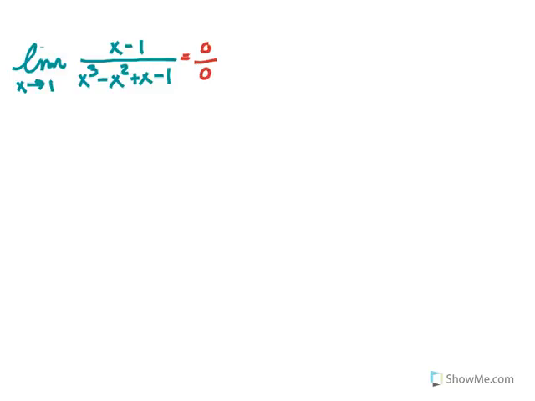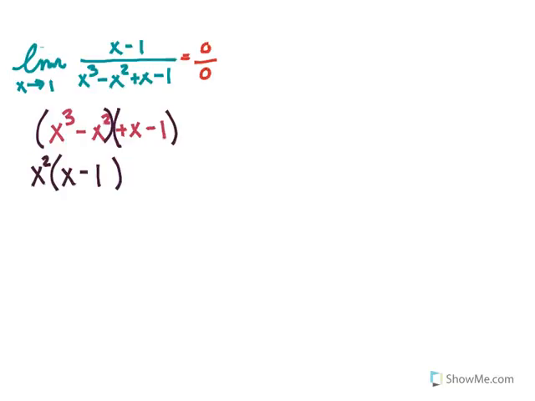So to start this, we are going to work on just the denominator, so x cubed minus x squared plus x minus 1. So there's our first group, and here's our second group. So we're going to take out whatever the first 2 have in common, which looks like it's going to be an x squared. And it looks like what's going to be inside is x minus 1.